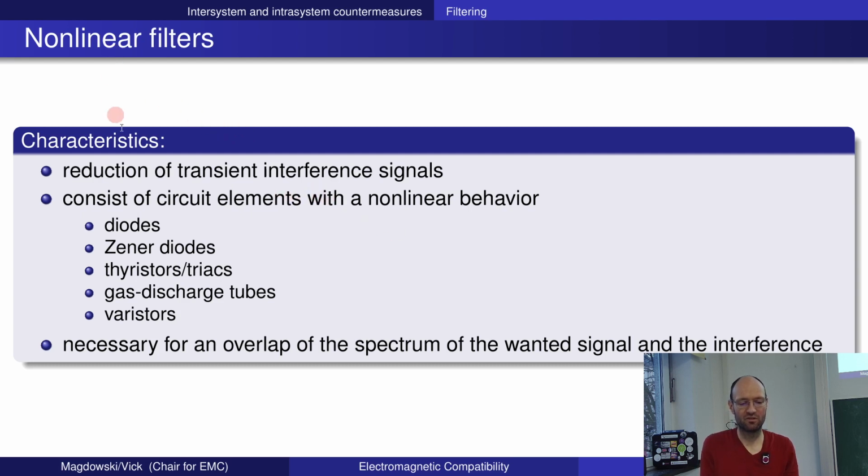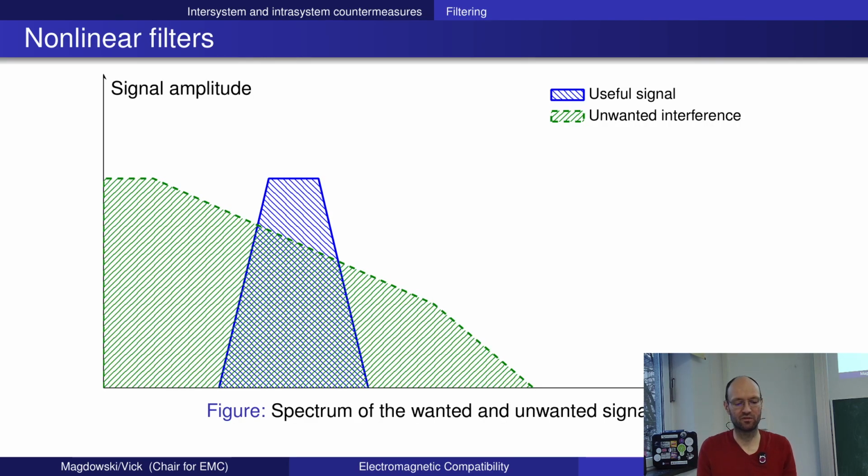So with these nonlinear filters, we want to reduce transient interference signals. There are different types of this that we will look at in more detail in a second: diodes, Zener diodes, thyristors, and so on. And the problem is, as already discussed, that there is some overlap of the spectrum of the wanted signal and the unwanted signal. Our useful signal usually has a limited frequency range.